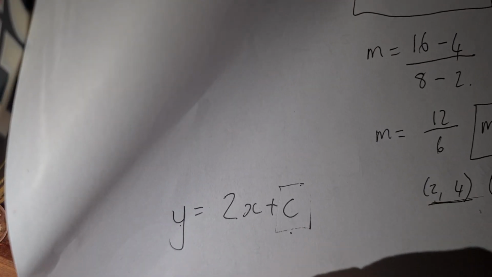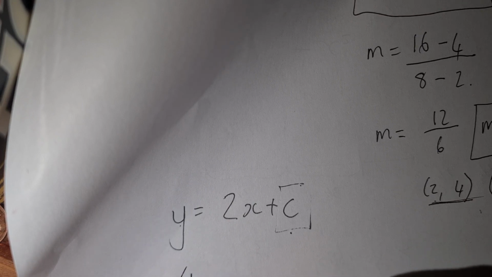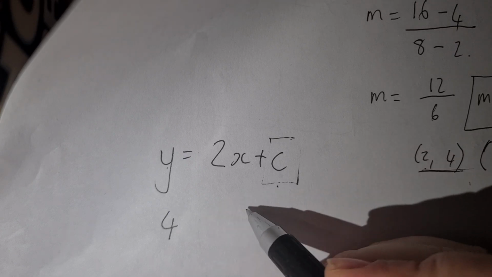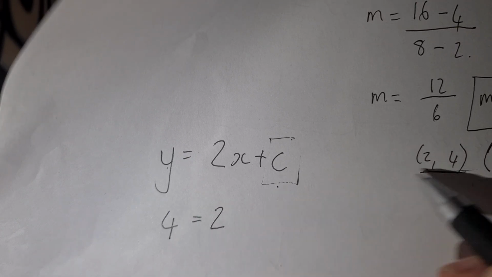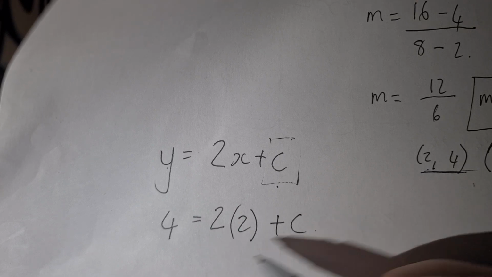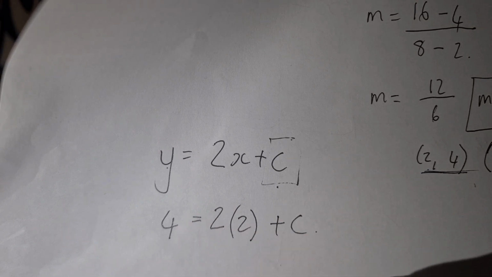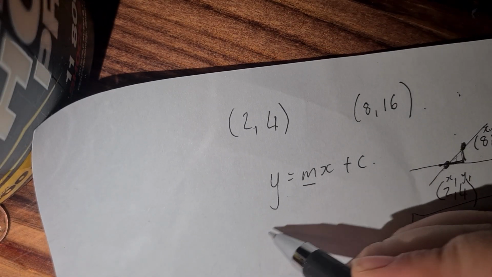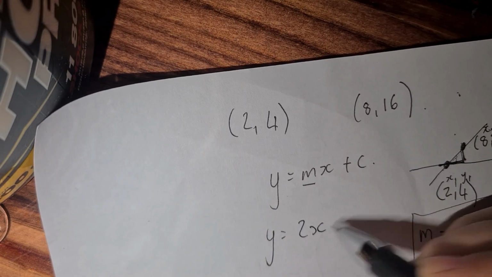So let's take the first one. y is equal to 4 and x is 2, so 4 is equal to 2 times 2 plus c. So 4 minus 4 is going to be c is equal to 0. So this is going to be quite nice because it's just going to be y is equal to 2x.